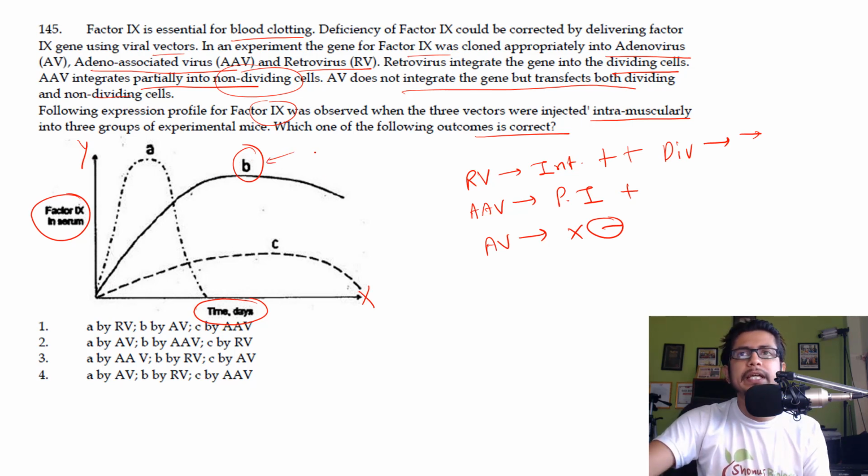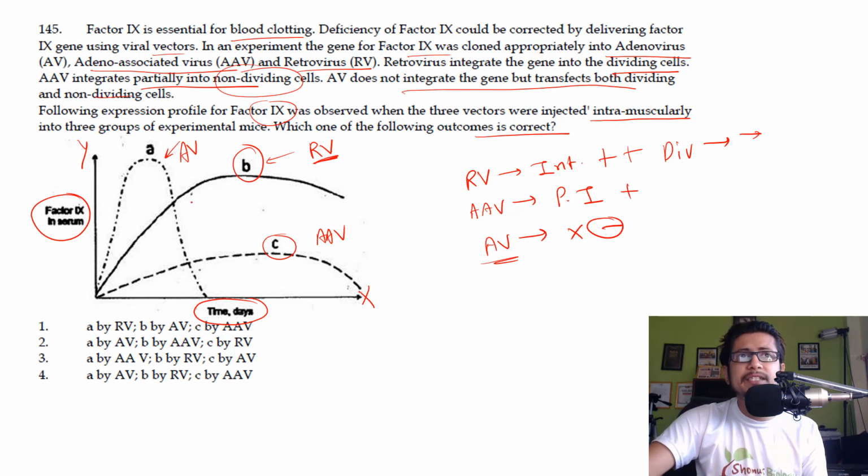That means B is done by retroviral vector. A, you can see a rapid spike, but then it falls. So definitely it's from adenovirus, although the transfection is done, there is no integration, so there is a gradual drop. Okay, and C is the partial integration, adeno-associated viral integration.